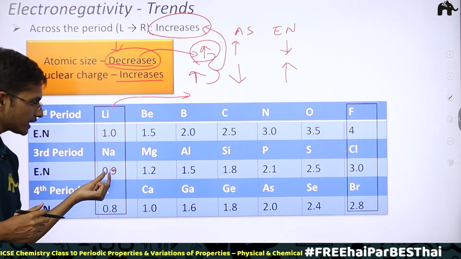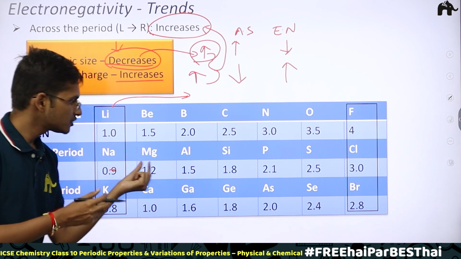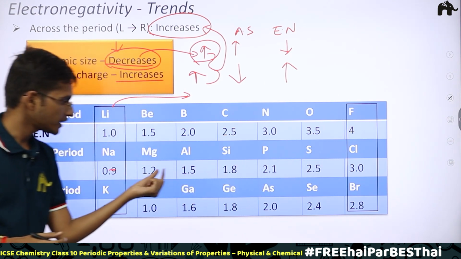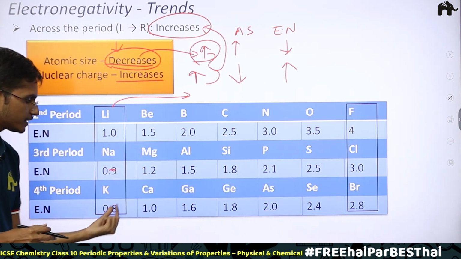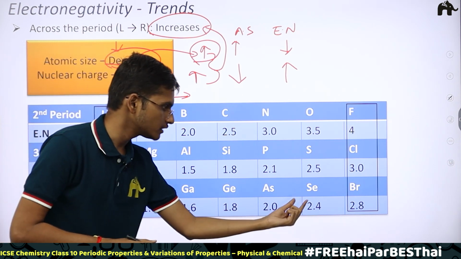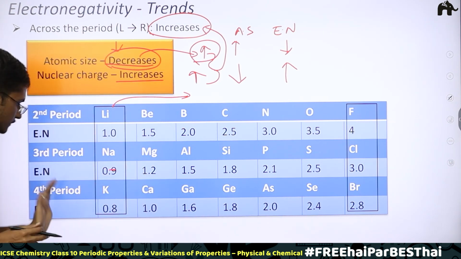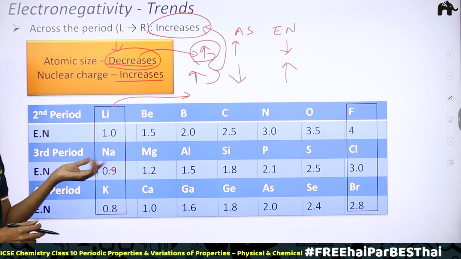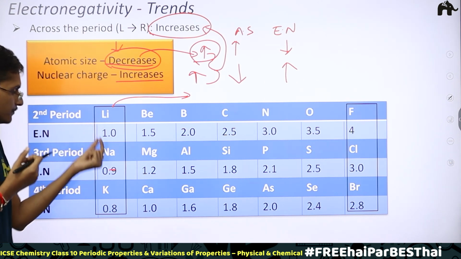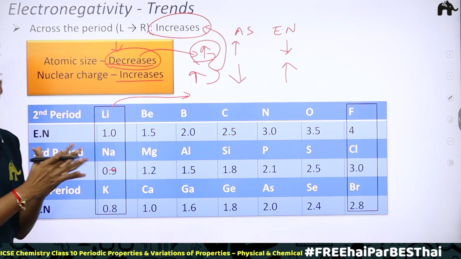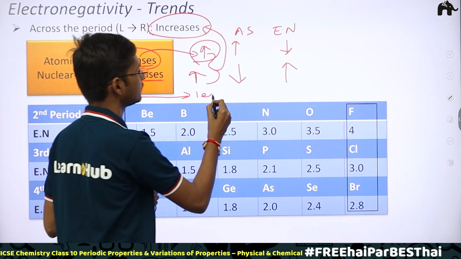Similarly, below 0.9, no other element in this period shows a value. And similarly here, below 0.8, no other element in the fourth period shows electronegativity values. So these group 1 elements have the lowest electronegativity values in their periods.